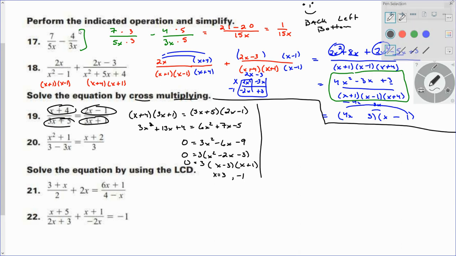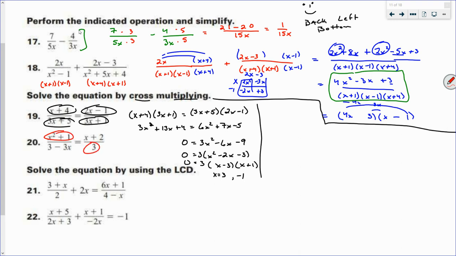All right, cross multiplying on 20. So this times this needs to equal this times this. We'll start to multiply out and solve. 3x squared plus 3. Oh, Punnett square. Run into other work.